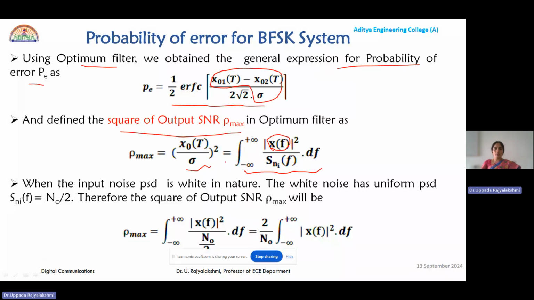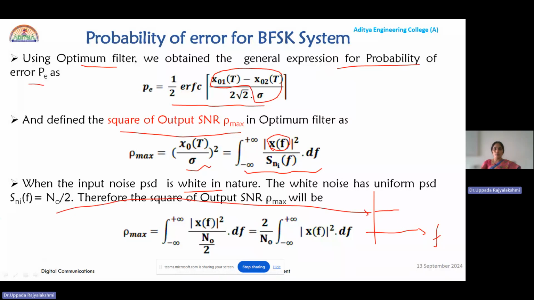Because we are assuming the input noise as white in nature, SNI(f) is uniform and independent of the frequency, and we are assuming that magnitude as N0 by 2. So let us replace SNI(f) with N0 by 2.